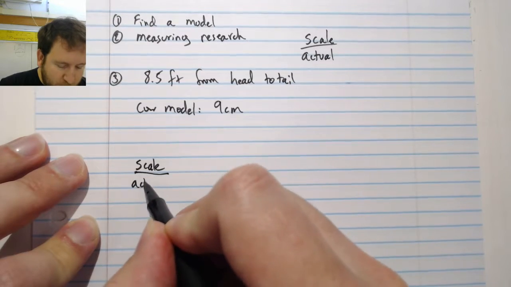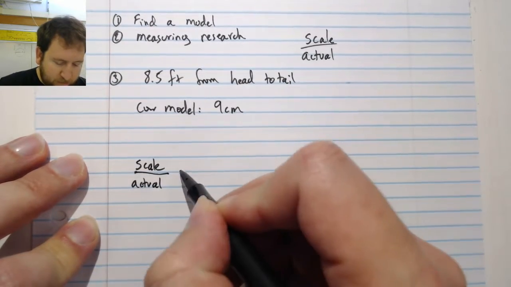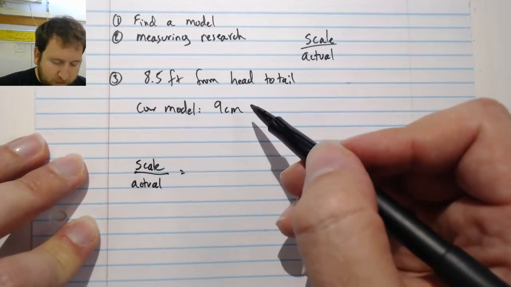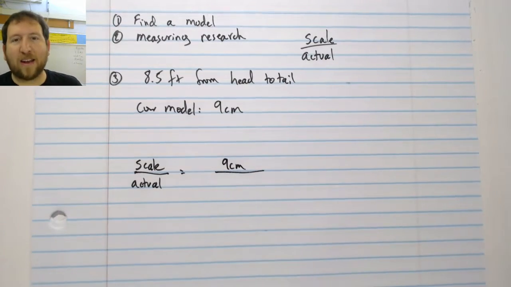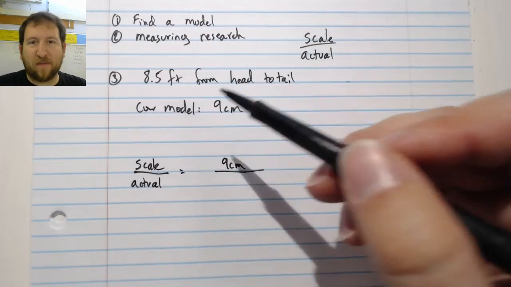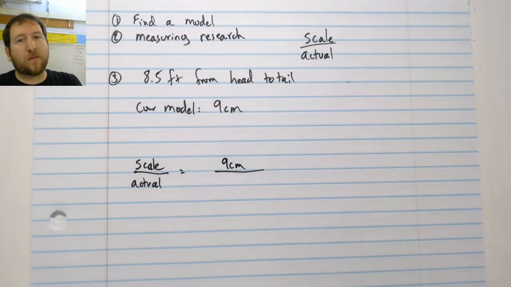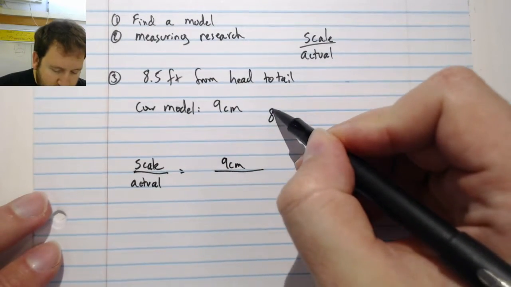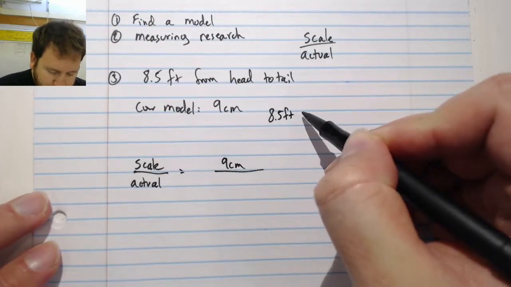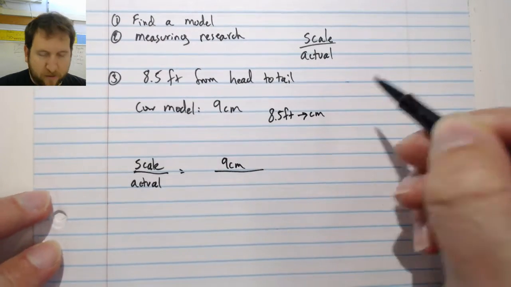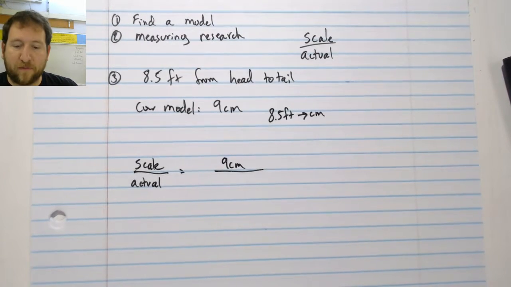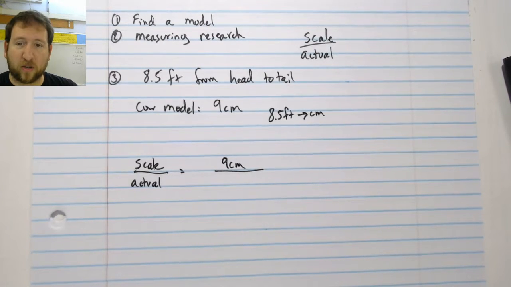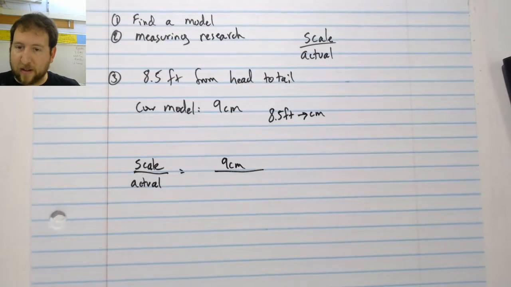So my scale to actual goes like this. My scale model was 9 centimeters, and my actual model was 8.5 feet. Now I can't use them if they're different units, so I have to turn 8.5 feet into centimeters. Today it's okay if we do a little bit of cheating, because if you type 8.5 feet to centimeters into Google, it'll tell you exactly the measurement.